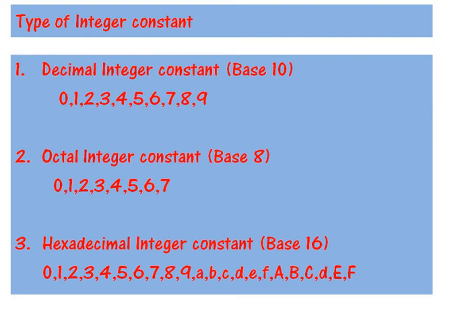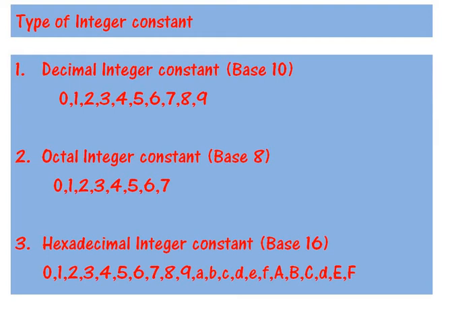Third, hexadecimal integer constant, base 16 means 0 to 9, small a to f and capital A to F. Here A means 10, B means 11, C means 12, D means 13, E is for 14 and F is for 15. 0 to 15 means 16 values, base 16.